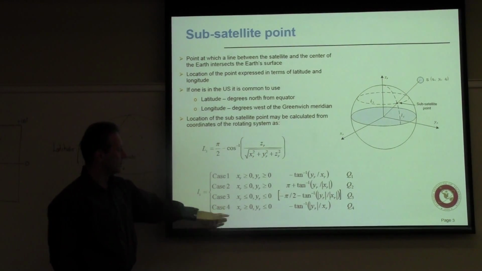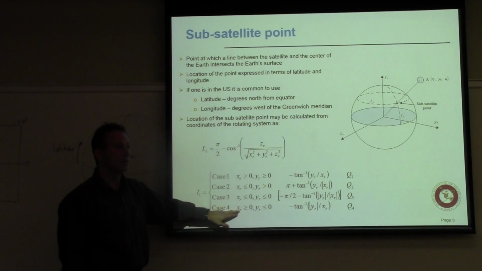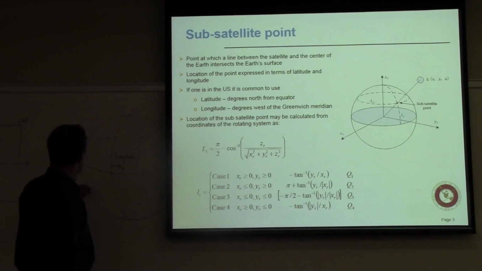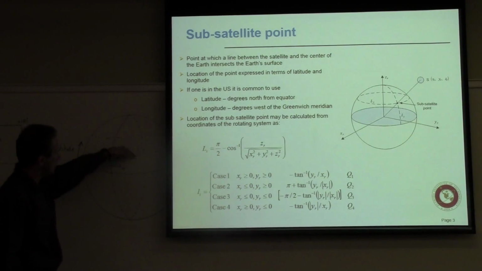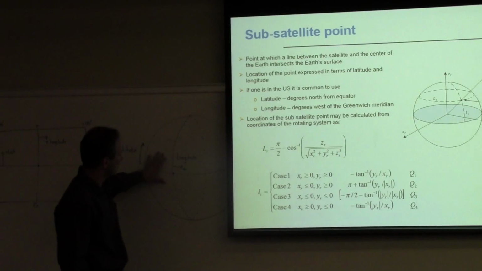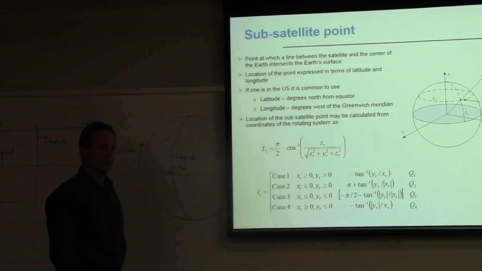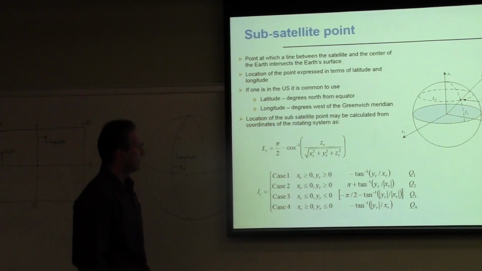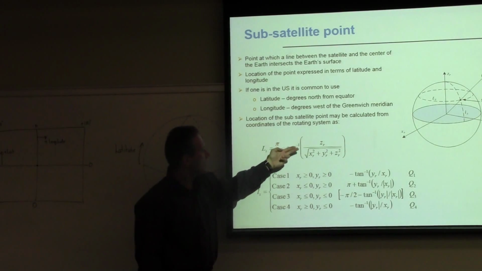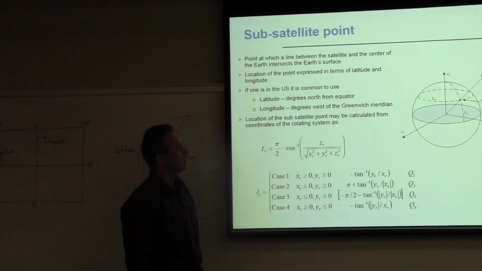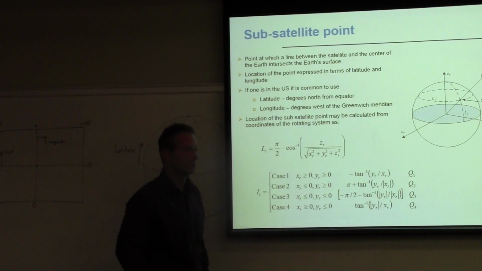So we're here in the 4th quadrant, right? Our XR is greater than 0, so that means we are on this side of the globe, because your XR is going this direction, so we're here, right? And our YR is negative, so we are west of this zero longitude plane, right? So if I give you ZR, XR, and YR, these are the 2 sets of equations that will allow you to calculate the exact position of the subsatellite point.